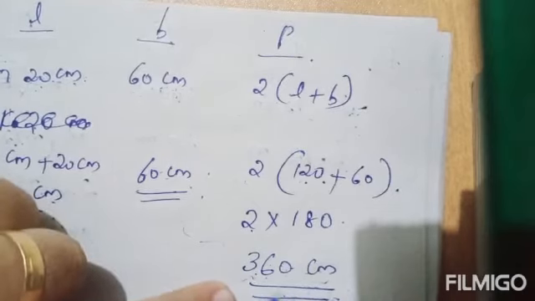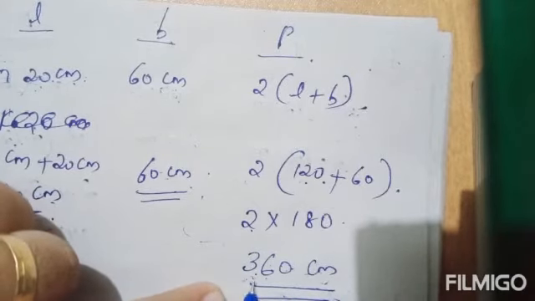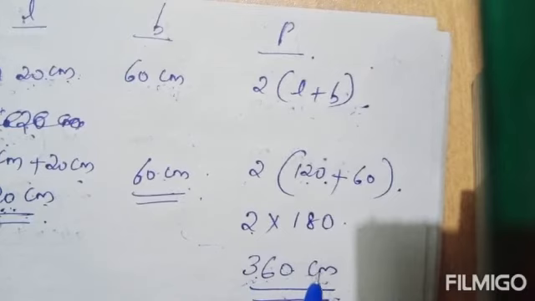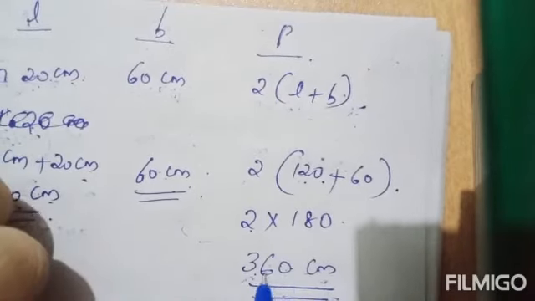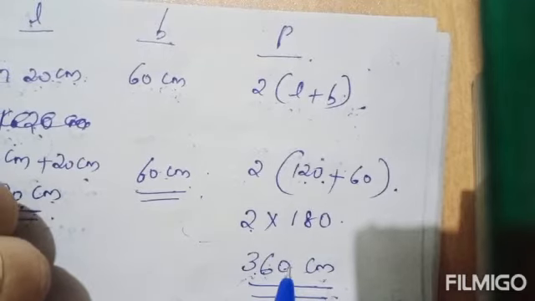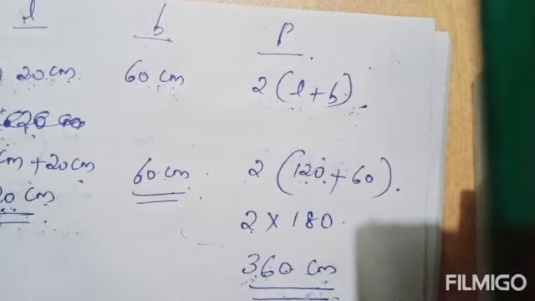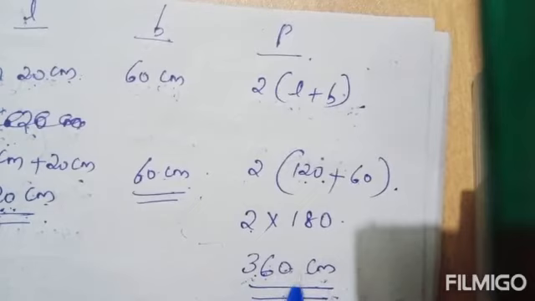Okay, so if a number is given in centimeter, that is 360 centimeter, how you can write in meter and centimeter? Last two digits you can write as centimeter. So 60 centimeter and this remaining digits you can write as meter. Okay, this you have studied in your 4th standard.